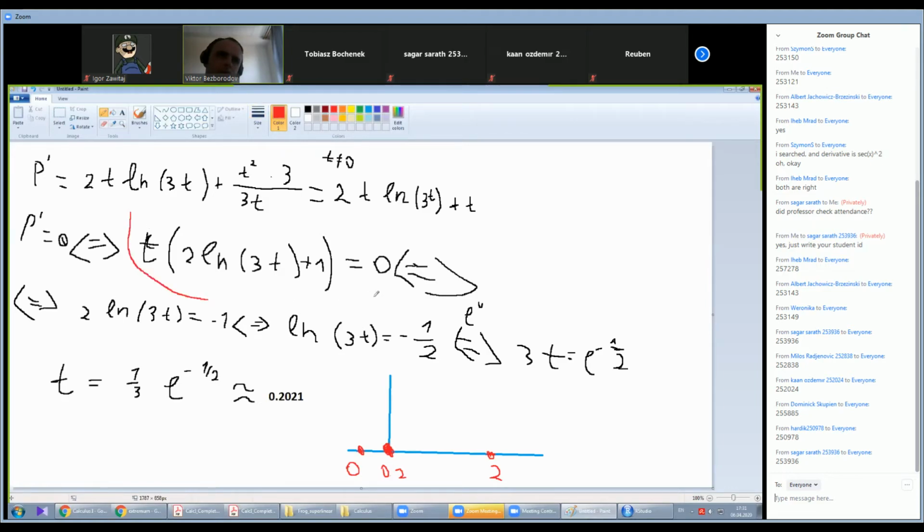Now, if t is, for example, 0.1, then this is positive, right?